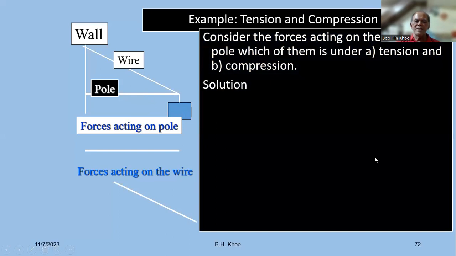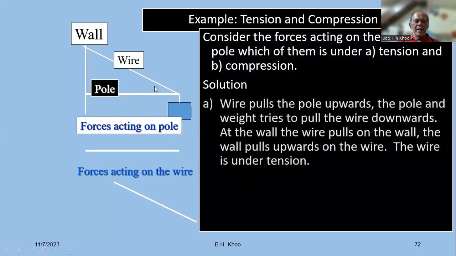Which of them is under tension and which under compression? The wire pulls the pole upwards, actually at an angle, upwards and inwards on the pole.